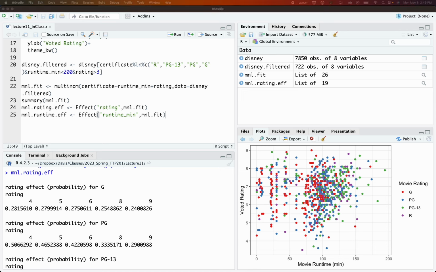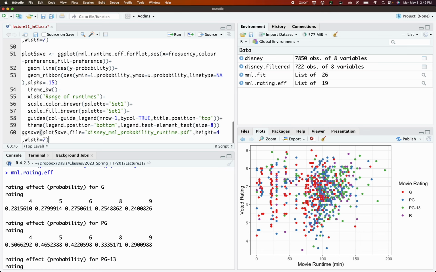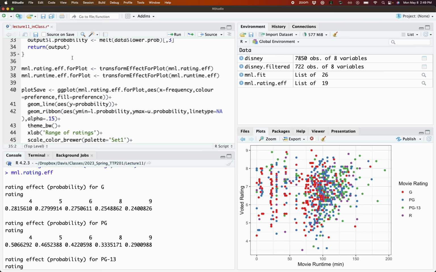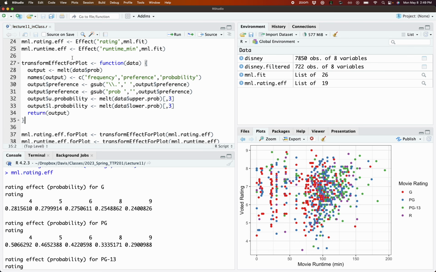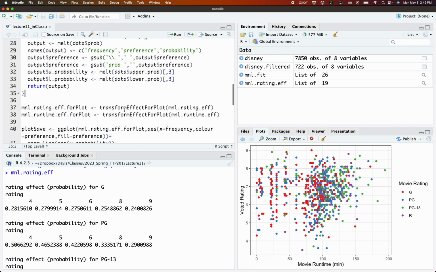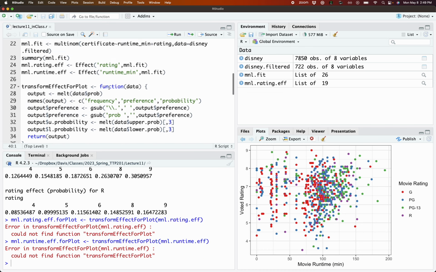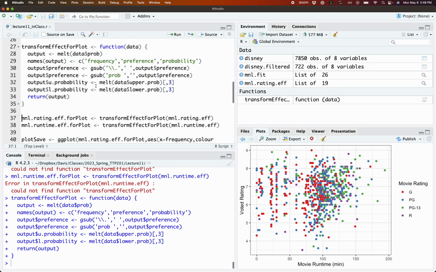So I'm going to copy and paste some code here. Don't need to follow along for this part. I'm just going to make 2 plots. There is a custom function that I've made that can extract information from that effect object that I generated, which I can then use for plotting. Need to run this first.